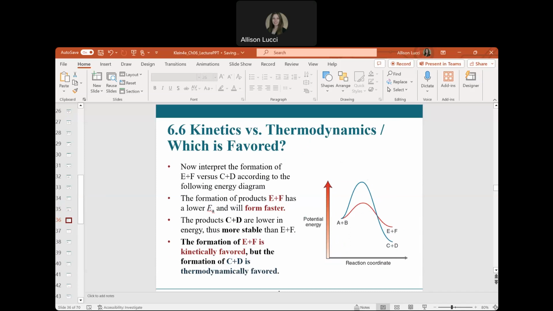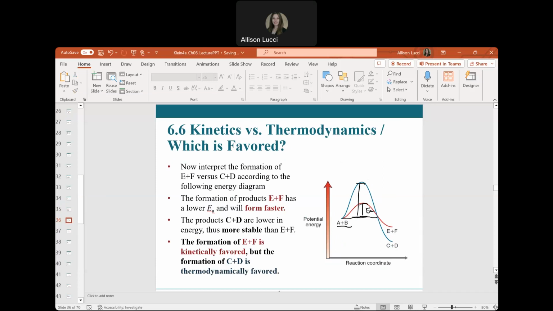So in this example here, we can see that we have, again, our reactants A and B and two sets of potential products. So we have E and F and C and D. So first we can do our activation energy analysis here to compare for rate, or which products would form faster.